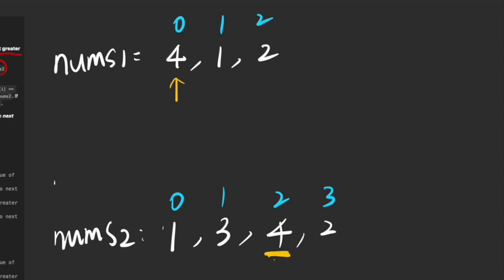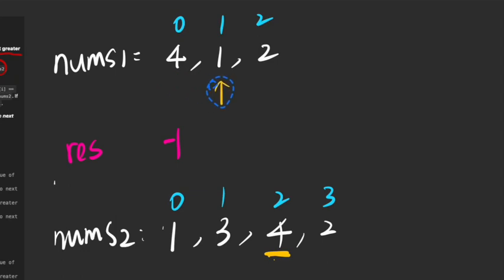The first time we see it is here, and we check whether it has a next greater number in the nums2 array. But unluckily, none of the elements on the right side is greater than it, which means we will return -1 here. So here's the result, -1.